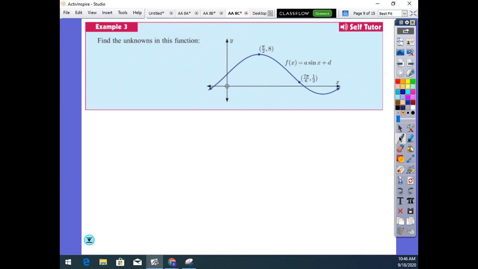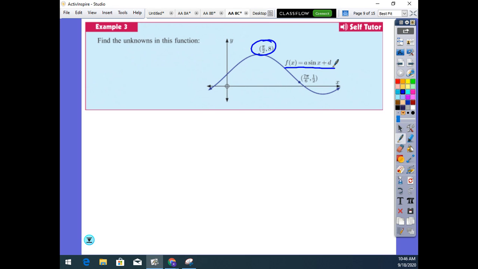So they give us this point here, and they give us what this function is. So we're really just looking for our A value, our amplitude, and the D.